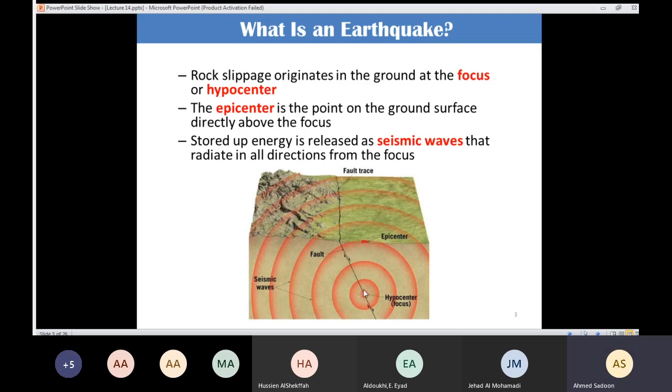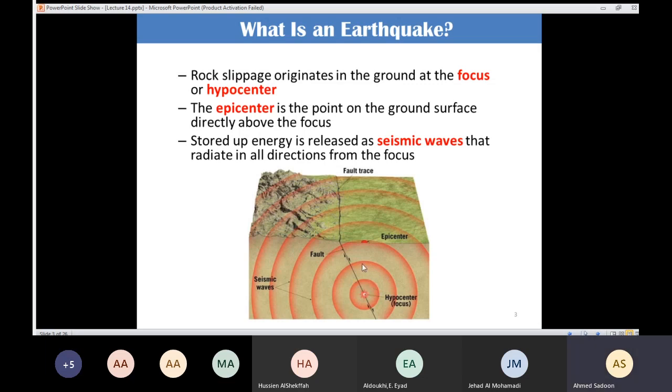And when the displacement starts or initiates at that point, the adjacent rocks are going to build up stresses, because maybe this one or that one is going to move, and as a result, the surrounding rocks are going to be subjected to stresses, which means that we are going to build up energy.